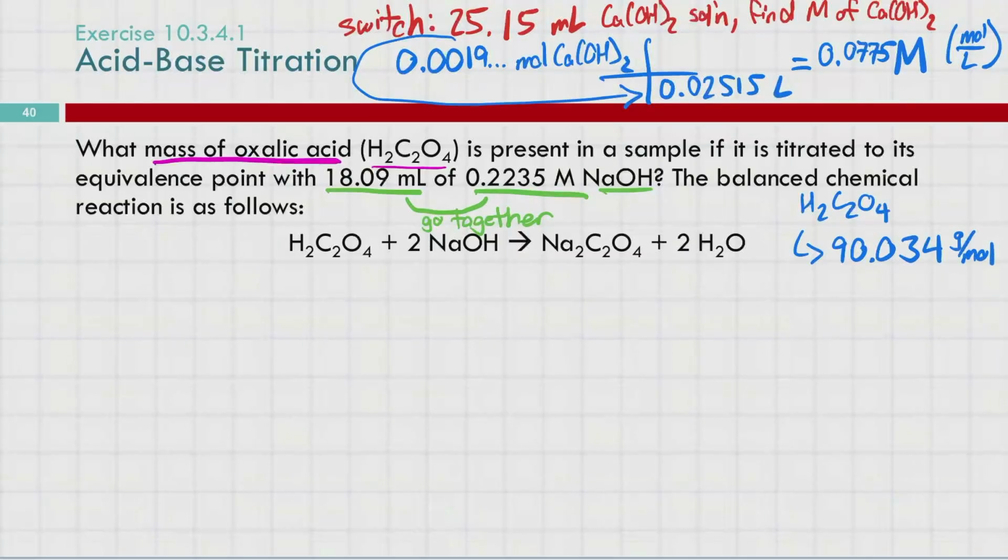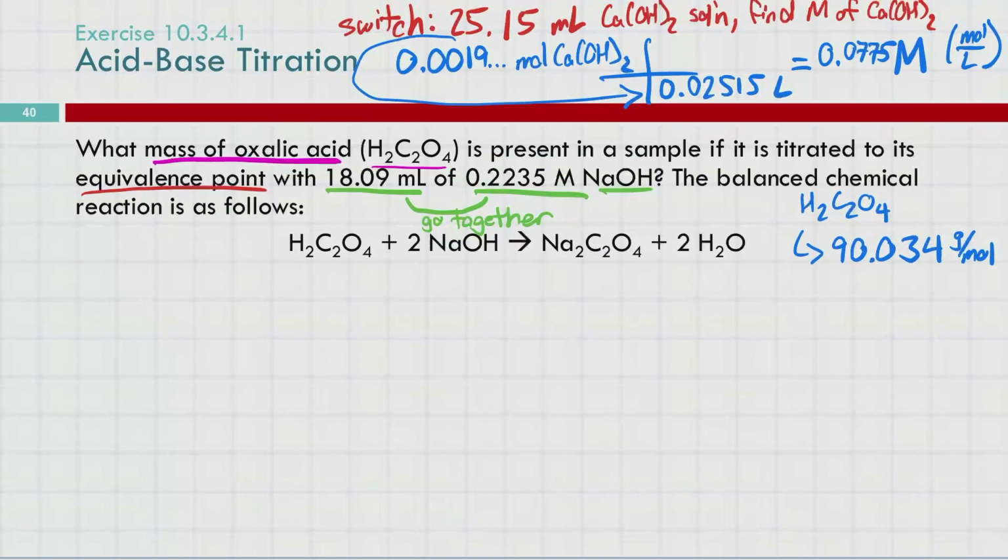grams per mole. We're also told that we're at the equivalence point, or it's titrated to the equivalence point, which just means that we can use this balanced chemical reaction. We know the stoichiometry, we can do the ratio stuff. I am going to start with these two numbers that go together, the milliliters and the molarity.